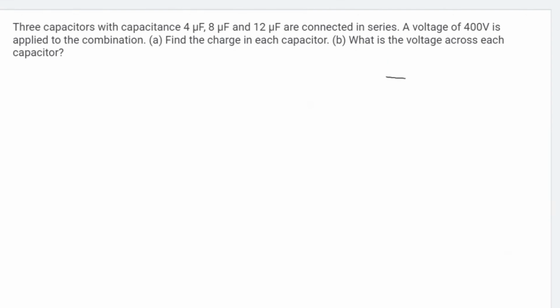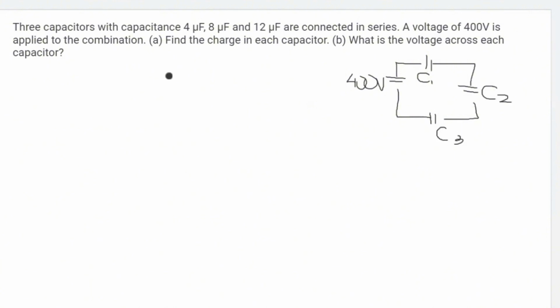It says here we have a voltage of 400 volts, and that there are three capacitors connected in a series. So we can just put them together in a series. Let's label this as C1, this as C2, and then this as C3.